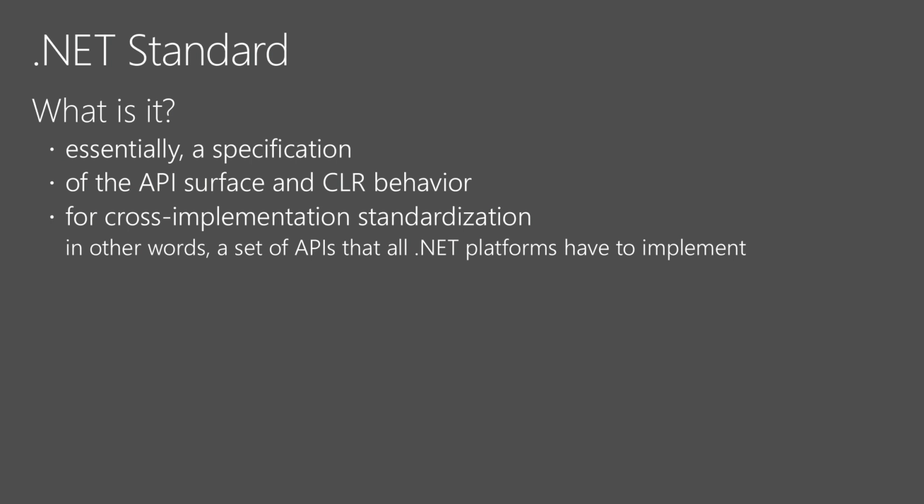In layman's terms, it's a set of APIs that anything that calls itself .NET Standard compliant must implement. It has to be there, otherwise it's in violation of the specification and presumably isn't useful to you.